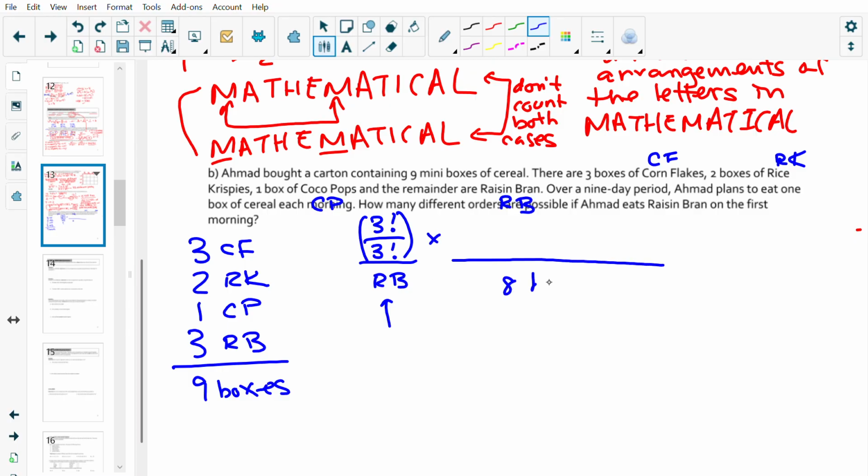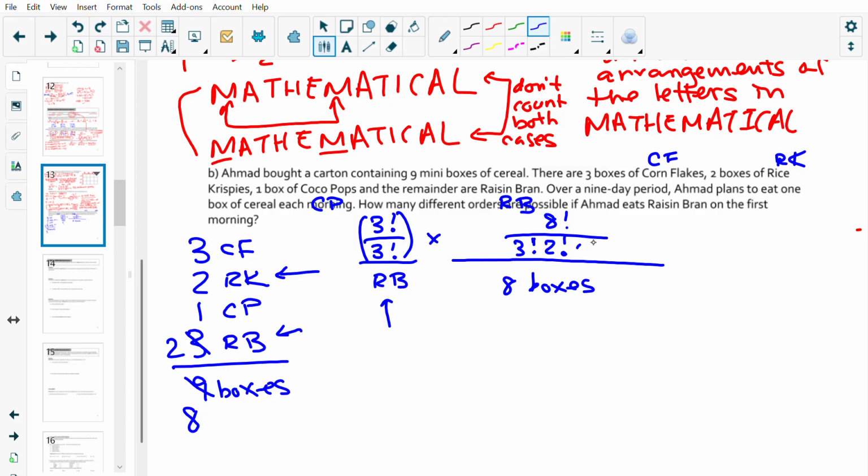the rest of these 8 boxes. That's 8 factorial divided by, okay, now you want to think about the repeats. Now there are only 2 left, right? There's 8 boxes. So divide out the repeats. So cornflakes, Rice Krispies, okay?